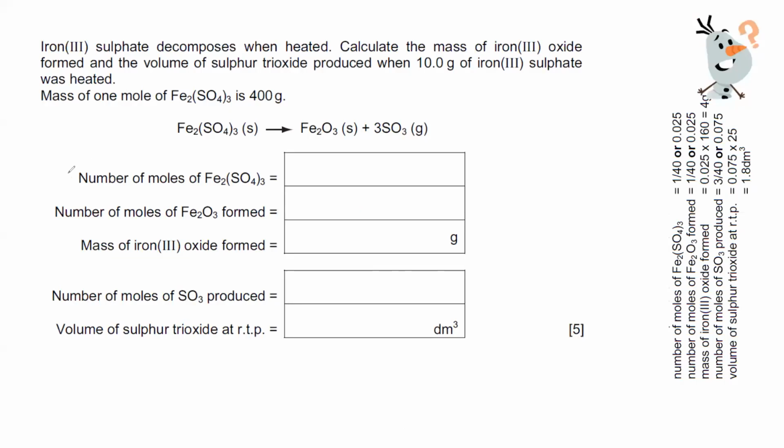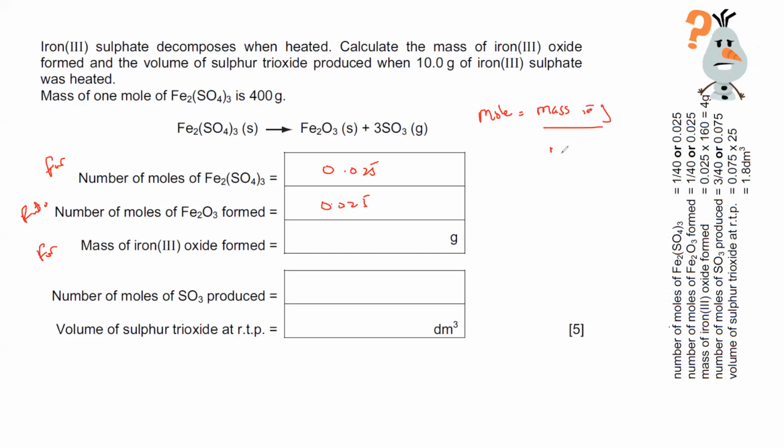So we use a formula to get the first answer, which was 0.025. Then we use a ratio, 0.025, and again we are using a formula in which moles equal mass in gram divided by the molar mass.